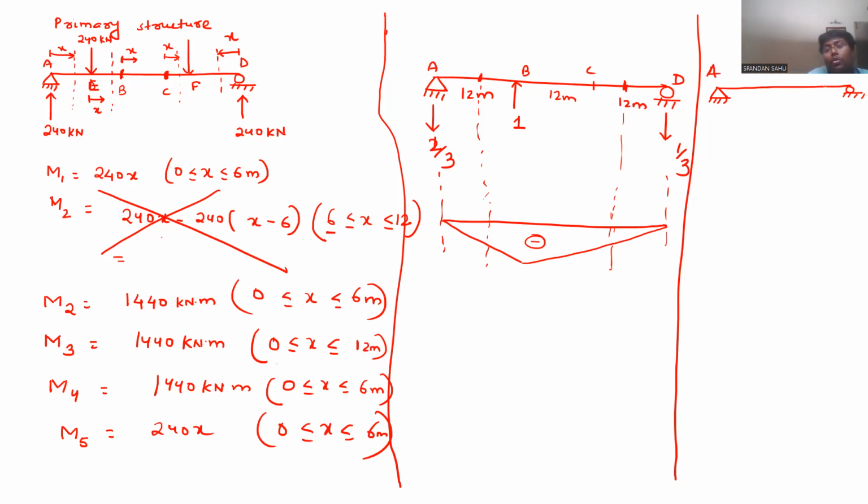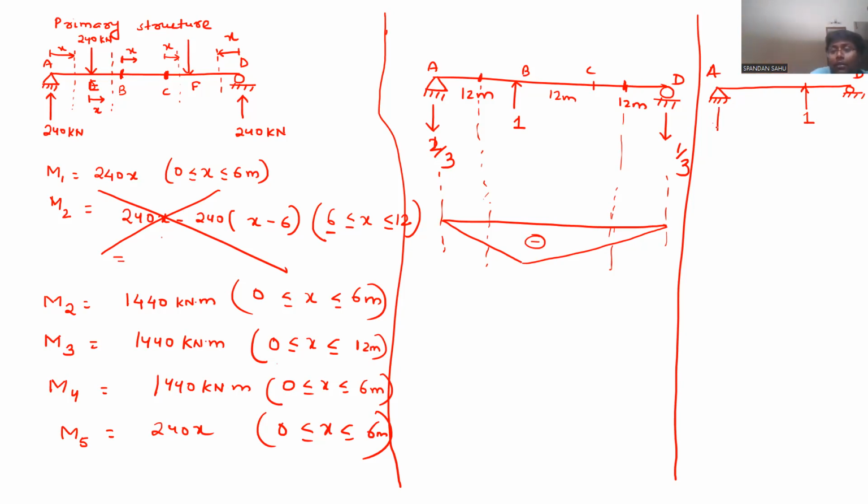Next, CY was our redundant, so I will put a unit load at C, and I will calculate all those small m values for each and every spot.